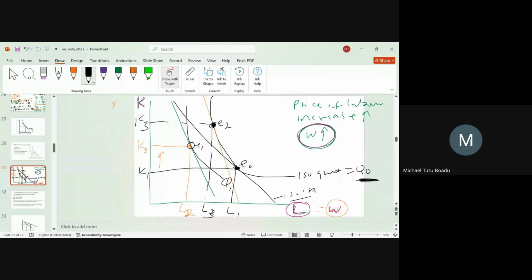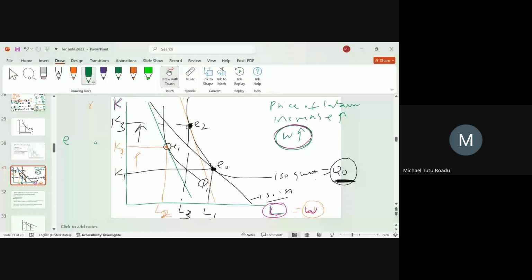So it's reducing labor from L1 to L3 so that it can increase capital from K1 to K3, which will all lead to the same level of production, Q0. So the movement from E0 to E2 is what we call the substitution effect.